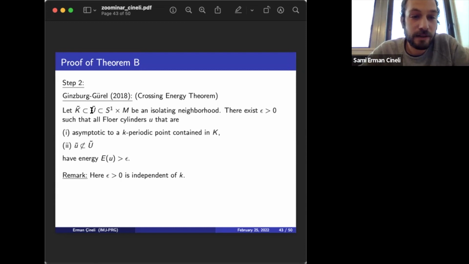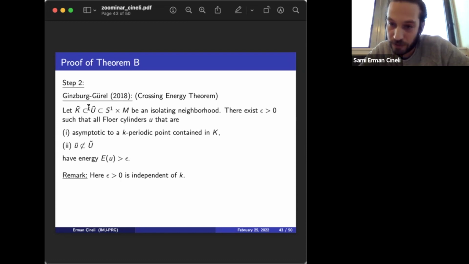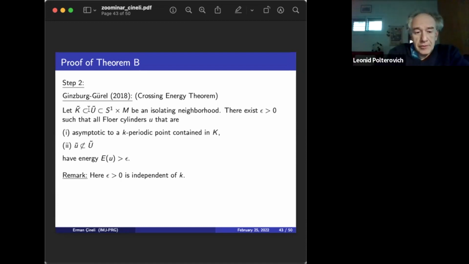This is an isolating neighborhood for the flow, not for the map phi. The definition is that every point in the complement of k tilde in u tilde leaves this neighborhood under the flow, either in positive time or negative time. Thank you.